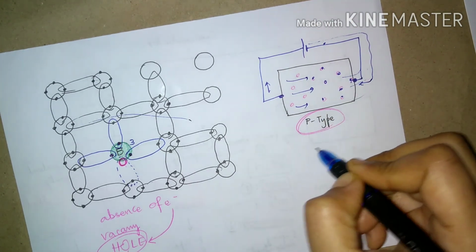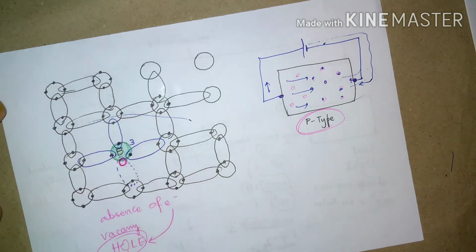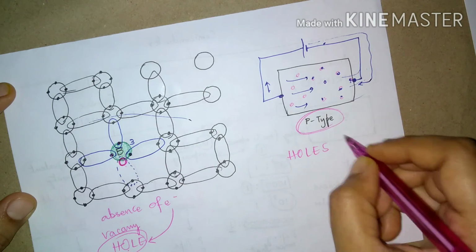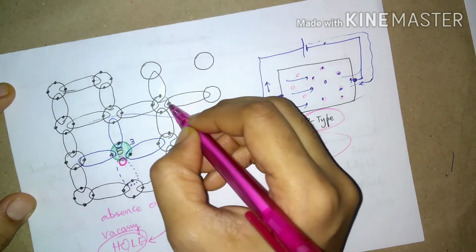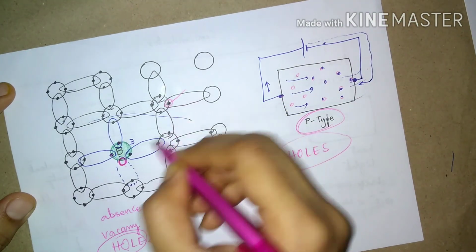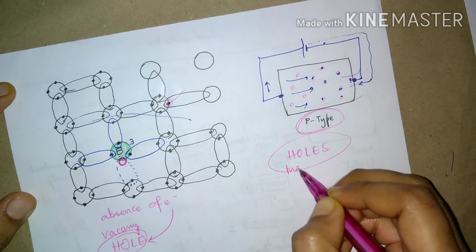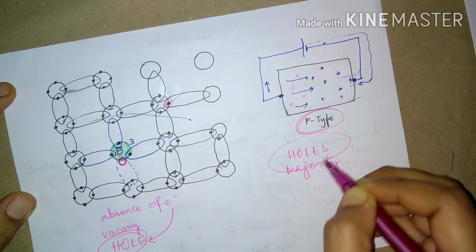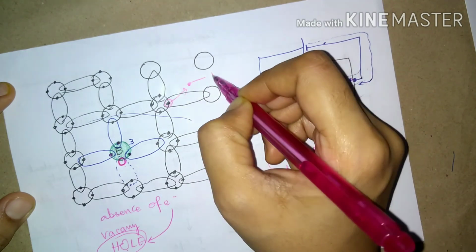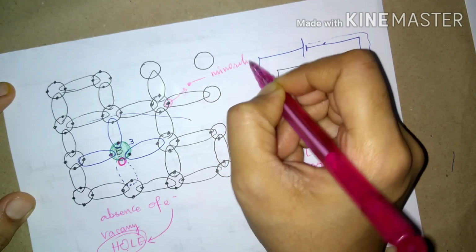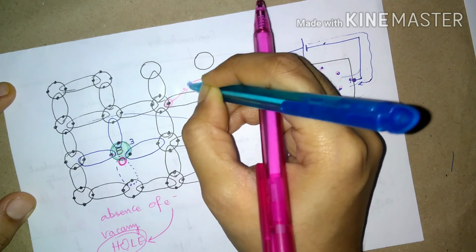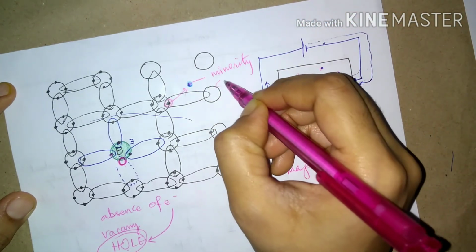In p-type semiconductor, holes are the majority charge carriers, and because of heat some of the electrons will come out creating holes here and there. So those holes also get included into majority charge carriers, but because of heat some electrons are getting created. Those will be called minority charge carriers. So these electrons are called minority charge carriers.